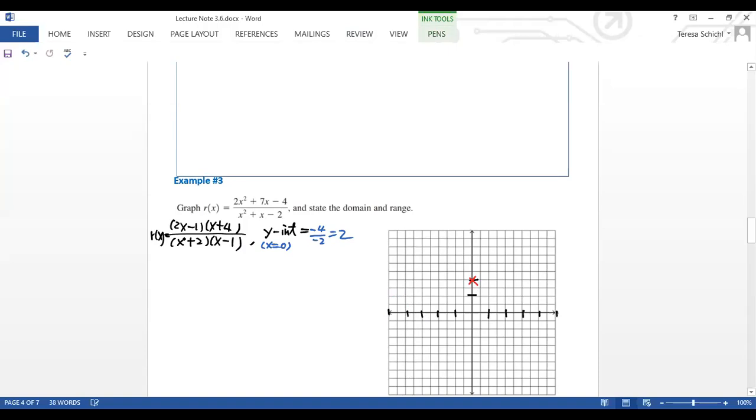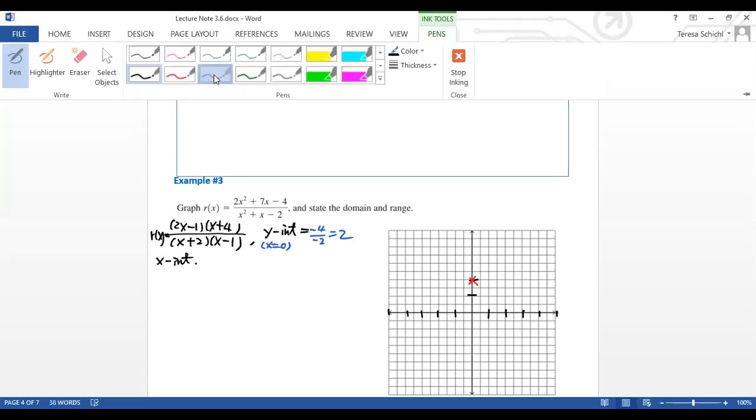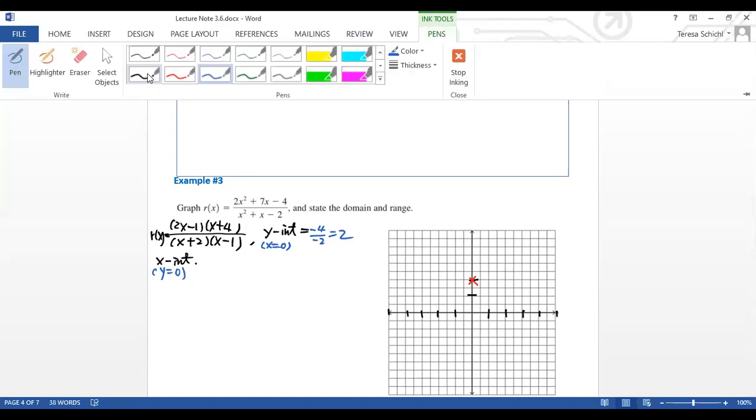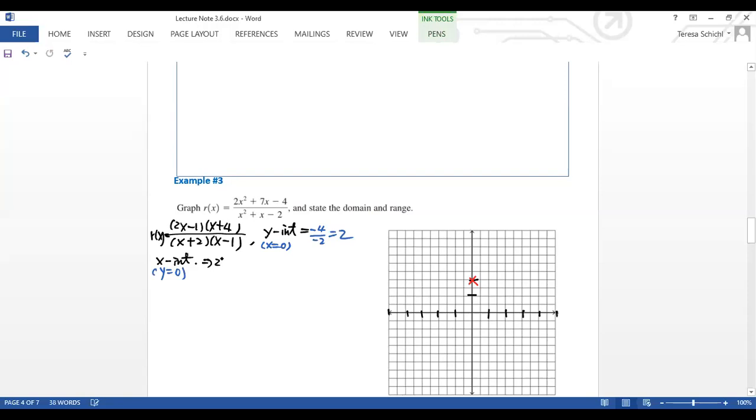Now the next thing, I'm going to find the x-intercept. How do I find it? Y equal to 0. If y equals 0, your denominator cannot be equal to 0, so your numerator has to become equal to 0. That means 2x minus 1 equal to 0, and x plus 4 equal to 0.